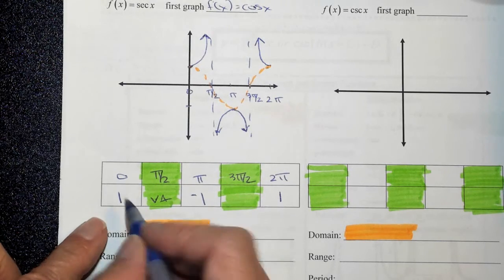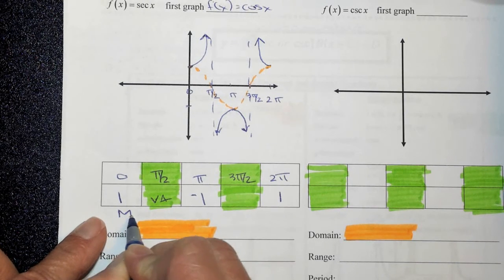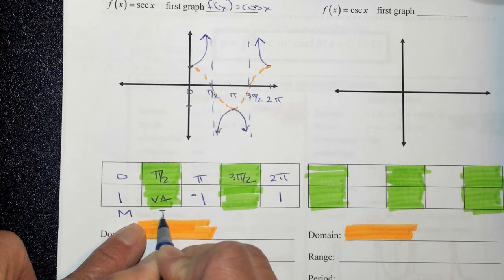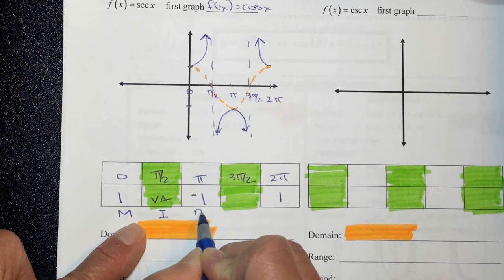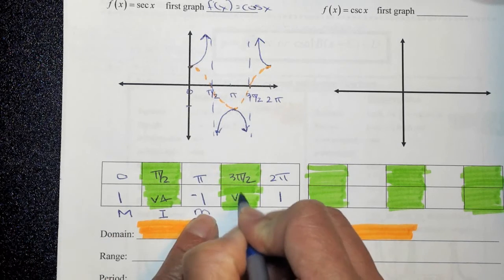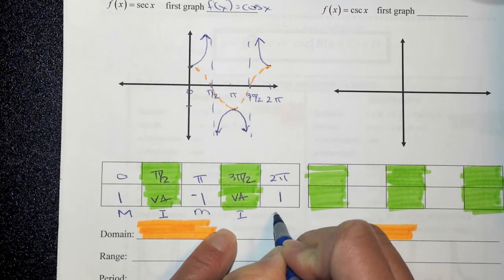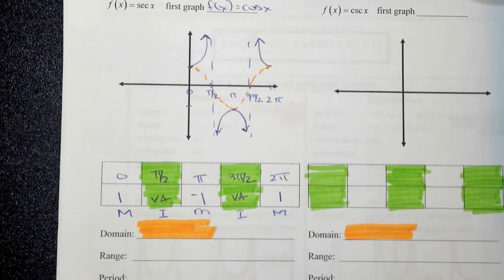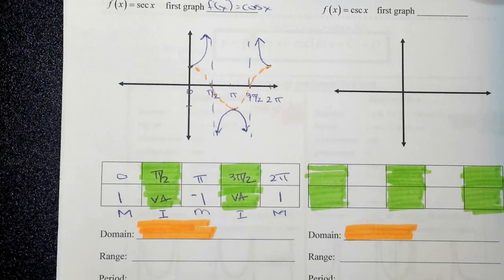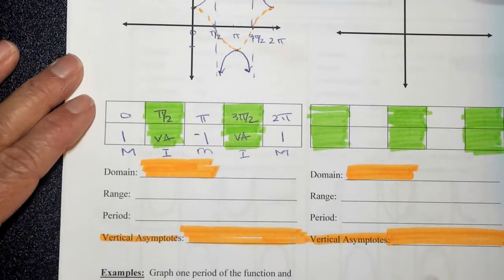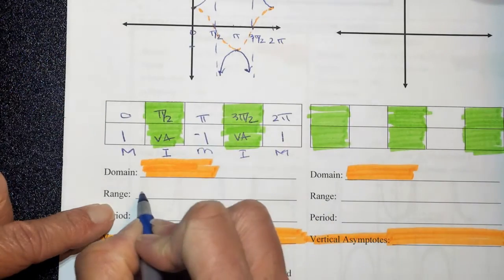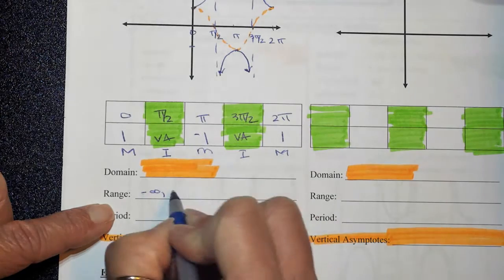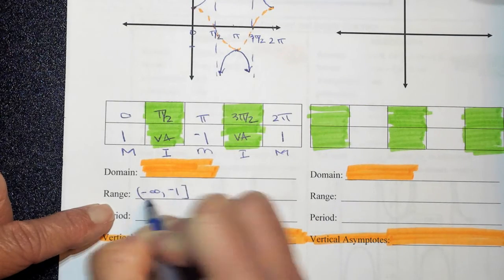So again, we think of this as our max. We have where our intercept is. This is our min. Whoops, I forgot my vertical asymptote. So this is the intercept, and this is my max for my cosine. So when we talk about our range, remember we're coming from -infinity up to -1, and -1 is included.